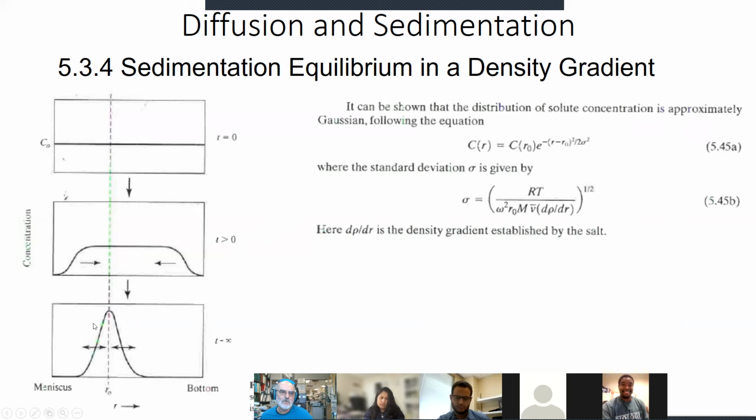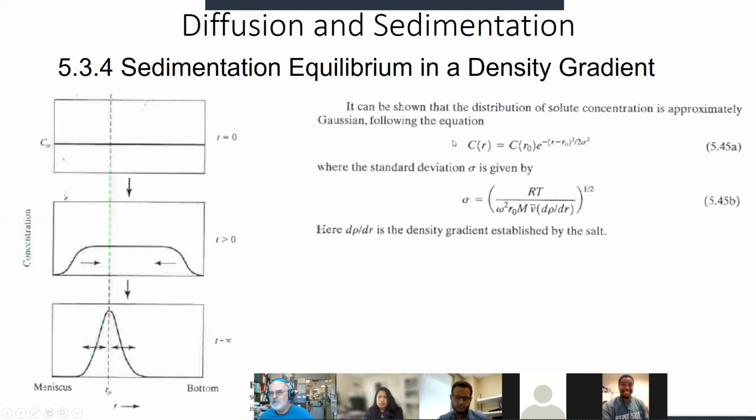Now, sucrose will not work for proteins or for DNA generally. But if you use something like cesium chloride, a density gradient is established due to the cesium gradient, and then the protein would find its natural place where it's buoyant. It doesn't sediment or float, it stops sedimenting.